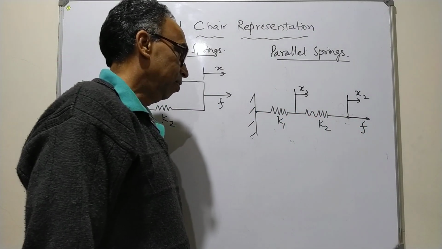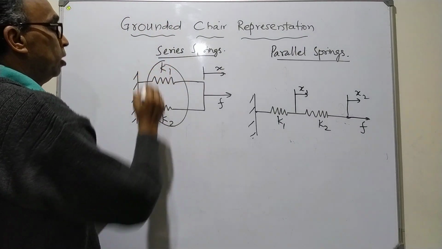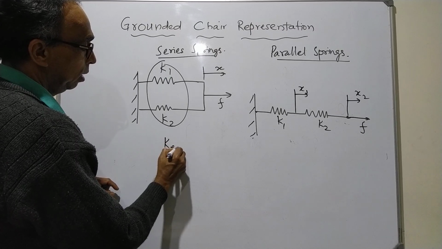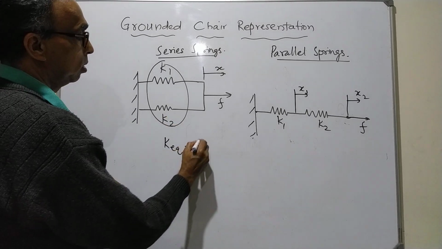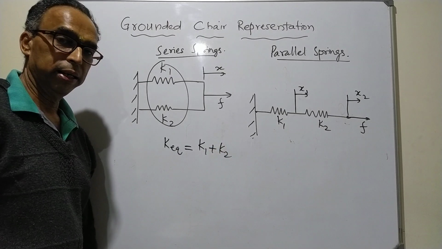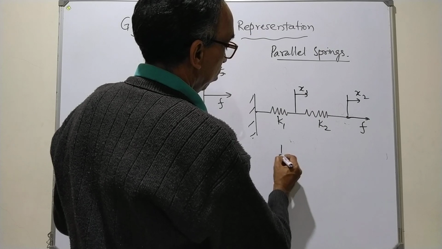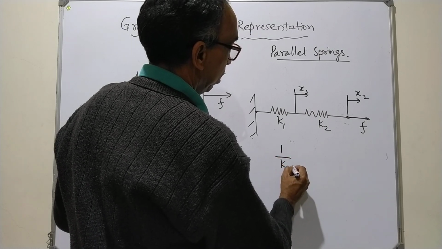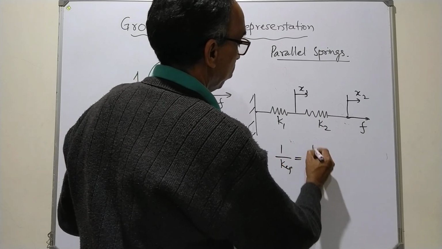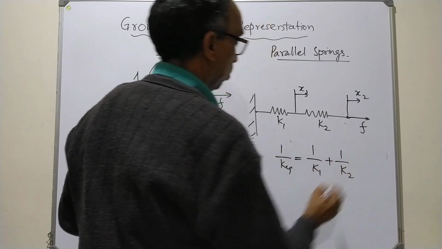And what we had said, for these springs the equivalent stiffness was given as the simple sum of K1 and K2, whereas in the other case, 1 upon K equivalent is 1 upon K1 plus 1 upon K2.